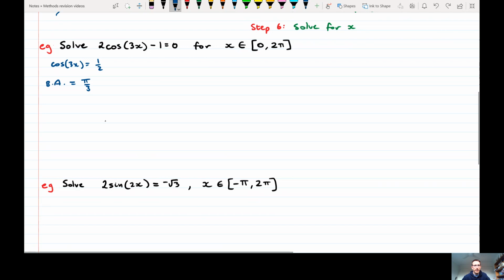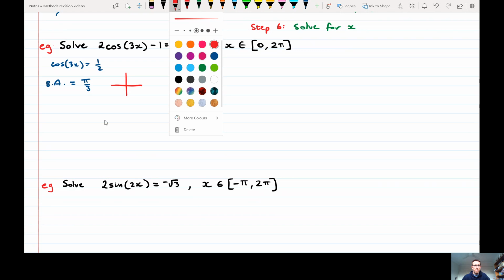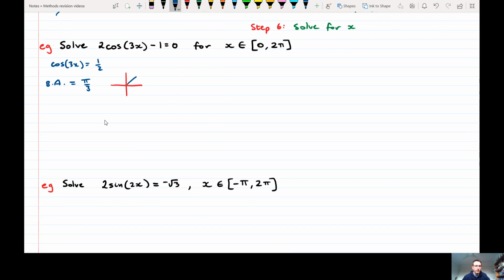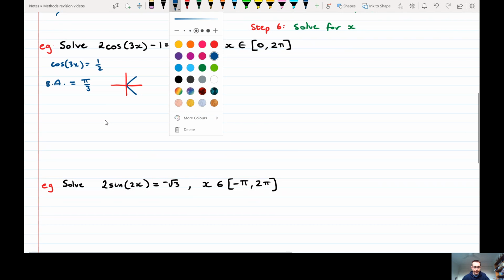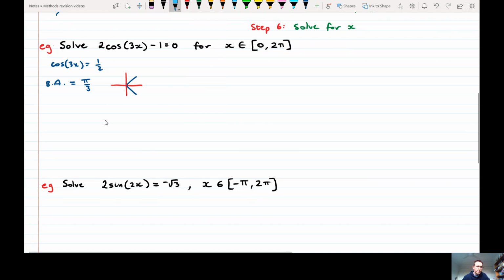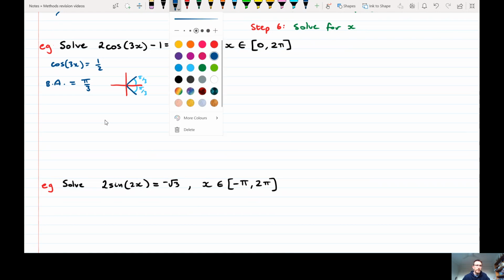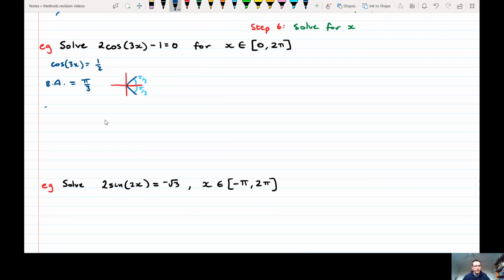Once you have that, we now need to think in terms of quadrants. Where is cosine positive? Well, cosine is positive in the first and fourth quadrants. And the size of this angle in here is pi on 3, and the size of this angle here is also pi on 3. And now we're at a point that we can find all the solutions in our first period.